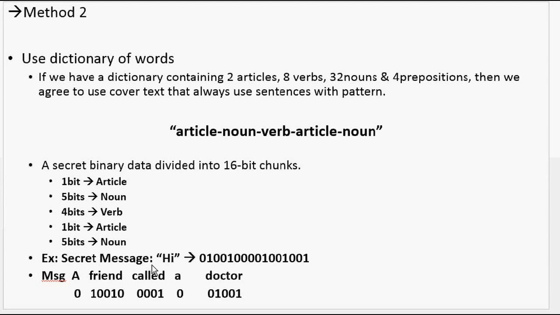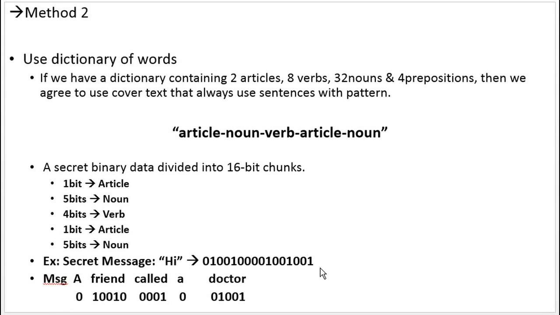Consider an example here. The secret message hi can be sent by encapsulating it within the message a friend called a doctor. We can see that the message a friend called a doctor is of the form article, noun, verb, article and noun, where a is an article, friend is a noun and called is a verb, and so on.